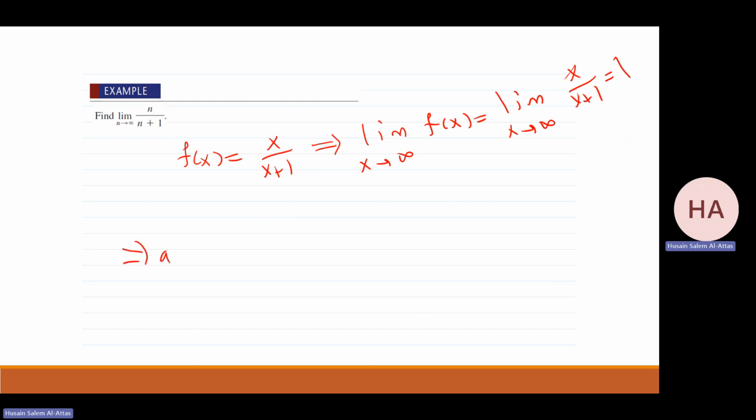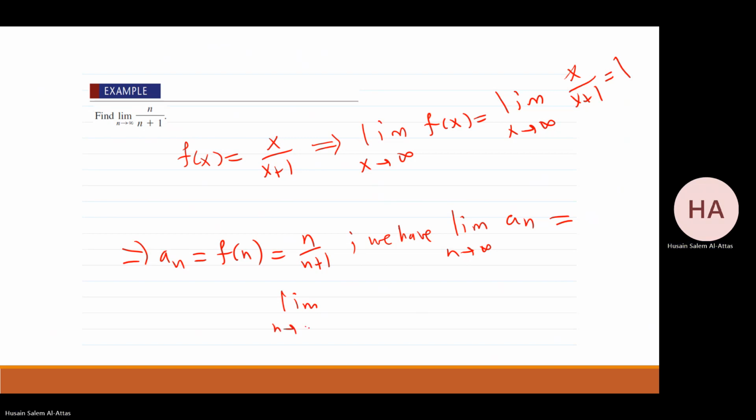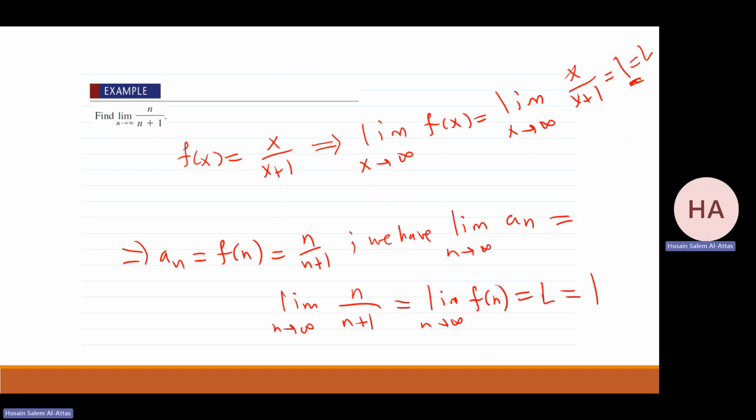So that means a_n, which is f of n, which is n over n plus 1, we have the limit of a_n as n goes to infinity equal to the limit as n goes to infinity of n over n plus 1, which will be the limit as n goes to infinity of f of n, and that will be equal to the same L, which is 1. So this limit is equal to 1. Don't need to do all of this, but just to explain it.